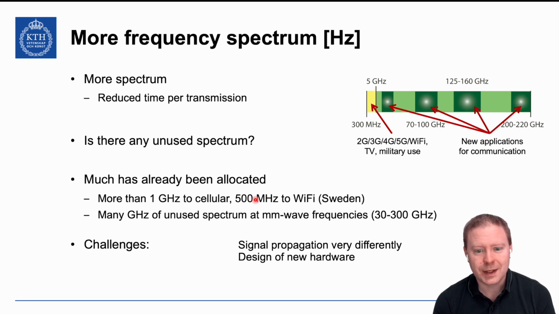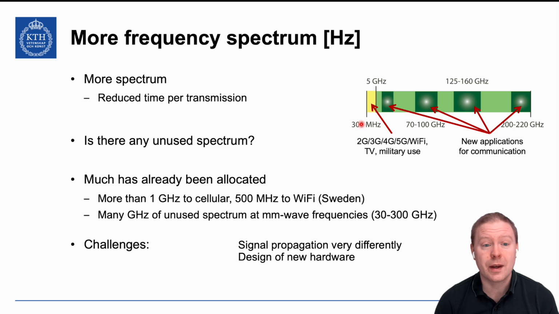So, can we find more? Well, it will be hard to find things in this area where we are already communicating today. So when we found a few 100 megahertz for 5G in the 3 gigahertz band, we sort of start to run out of spectrum in this range.